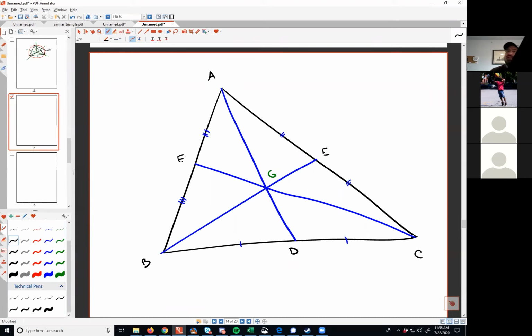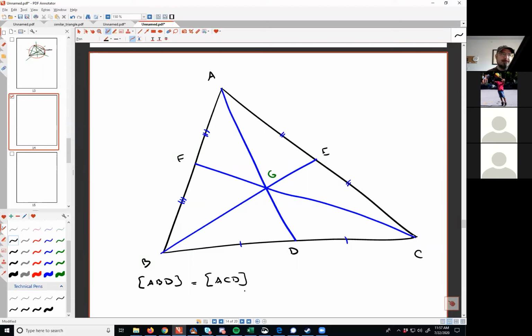Remember that same base, same height principle? Can somebody tell me 2 triangles that have the same area? Triangle ADB and triangle ADC. Yes. What's another pair of triangles that have the same area?